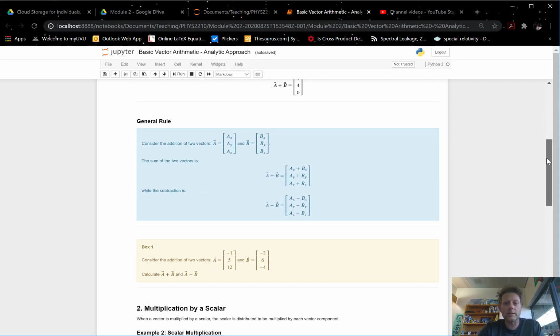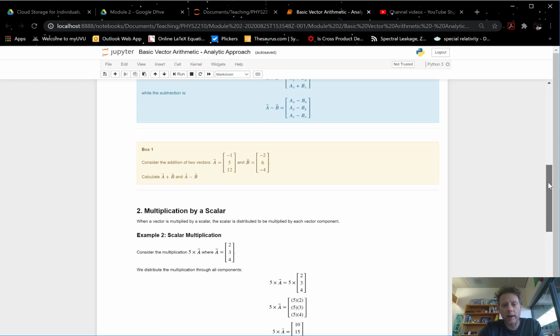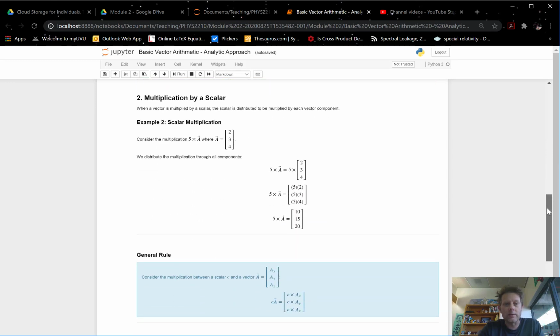So here's just a general rule written in a more general component form, highlighting that the sum and subtraction follow the same rule. We apply them to the components individually. So there's a box for you to practice or test your understanding of it.